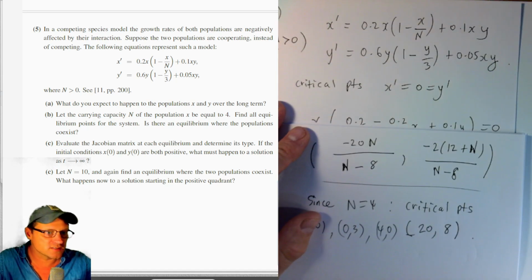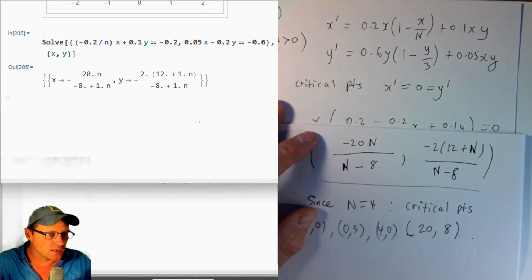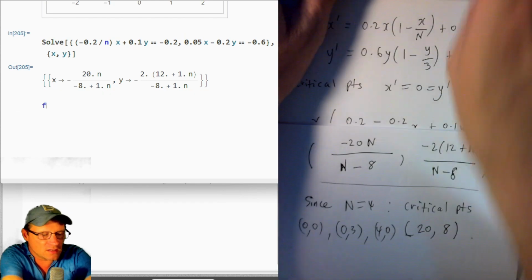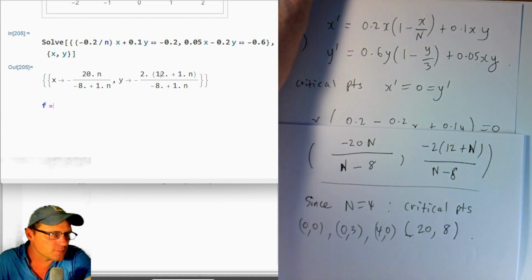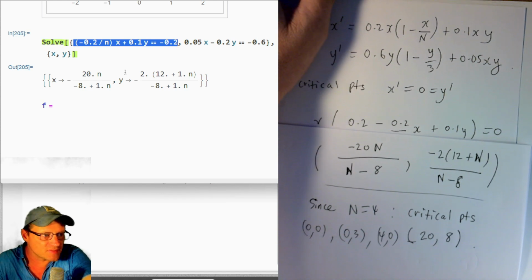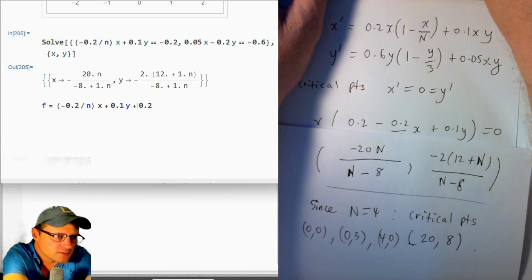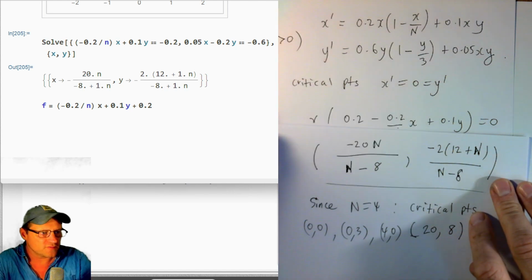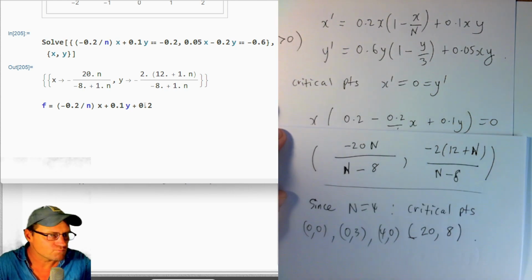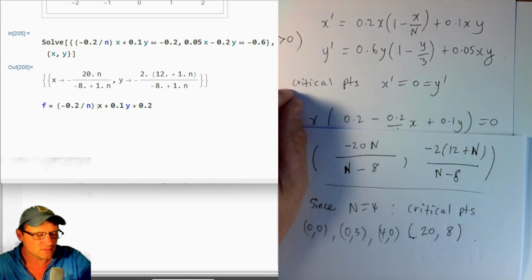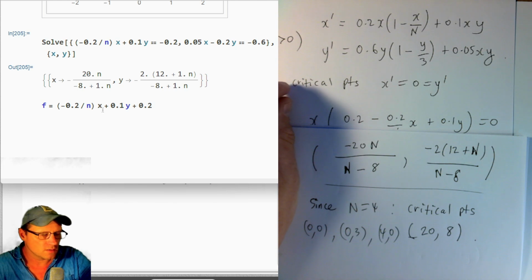So come back to this, and I will write in f is equal to, I'm just going to copy this because I've already typed that. And then I will take this over to the left-hand side. So f is, is that correct? Not quite, is it?